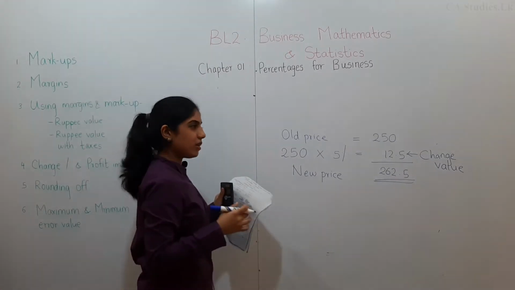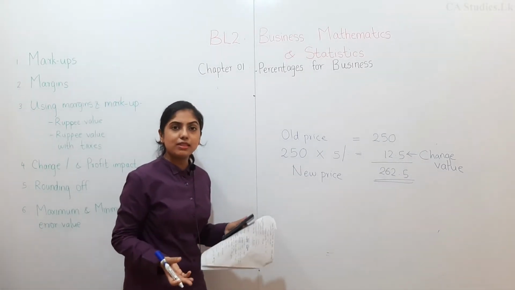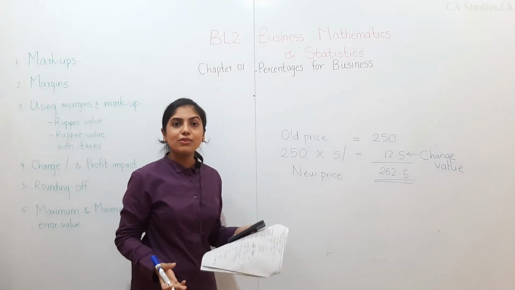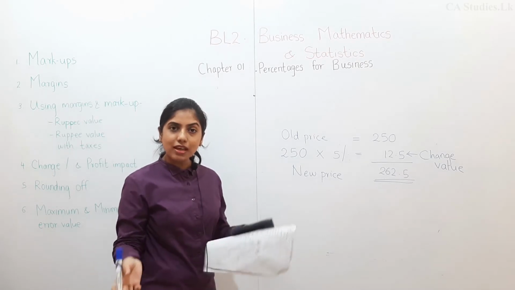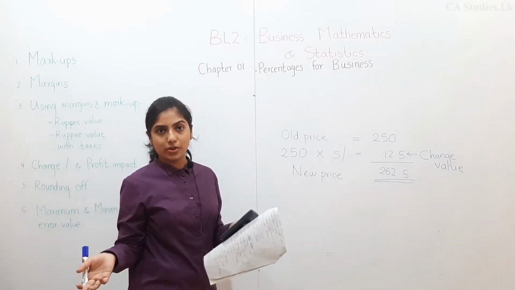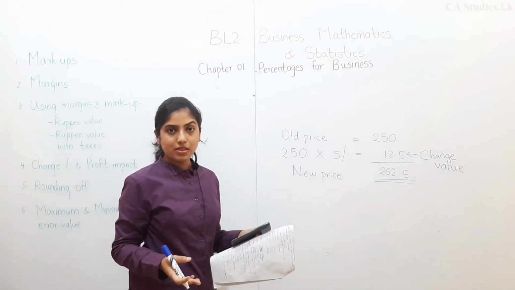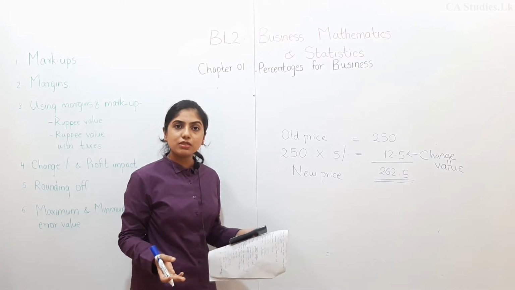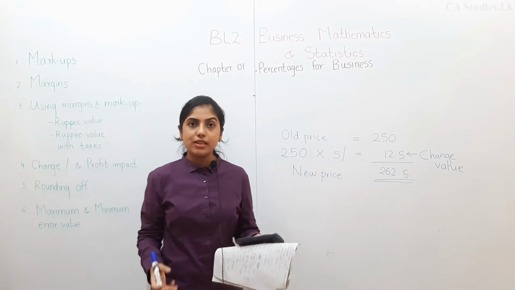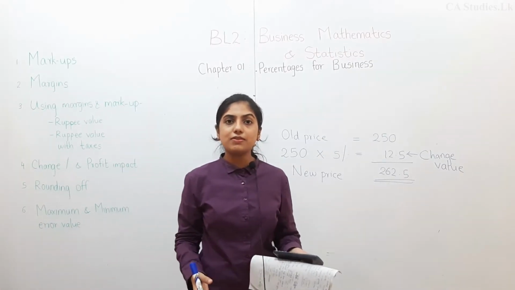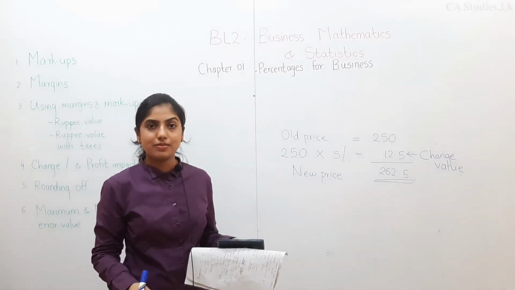Like always, when we take percentage terms, the base is always 100, and then the change you apply to your base and get the new price, like the markup and the margins. In markup the base price was the cost, so that's why we gave 100 there. In margin the base price was the sales, so that's why we gave 100% to sales.